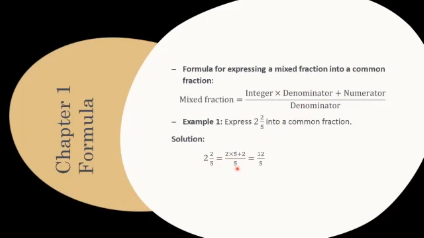So 2 multiplied by 5 plus 2 is 10 plus 2, that is 12 divided by 5.